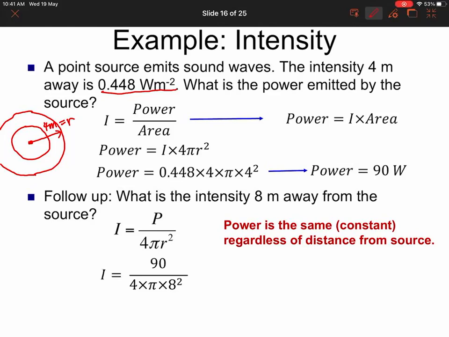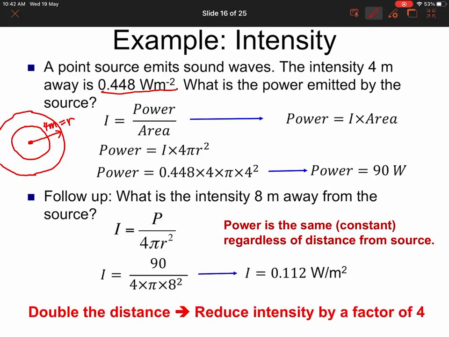Right, so power is the same, still 90 watts. The radius of the sphere will now be different because you're farther away from the source. You want to measure at 8 meters away, so that's 8 squared. That will give you an intensity of 0.112 watts per meter squared. So comparing that new intensity 8 meters away to the intensity 4 meters away, doubling the distance results in a decrease by a factor of 4 because of this r squared relationship.